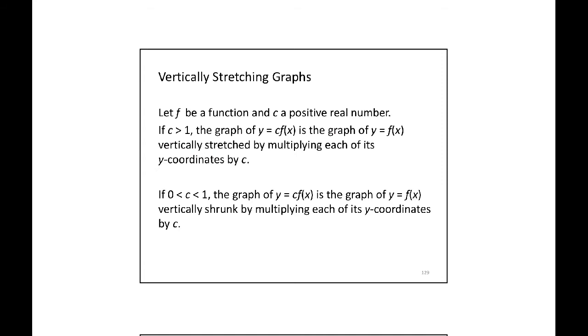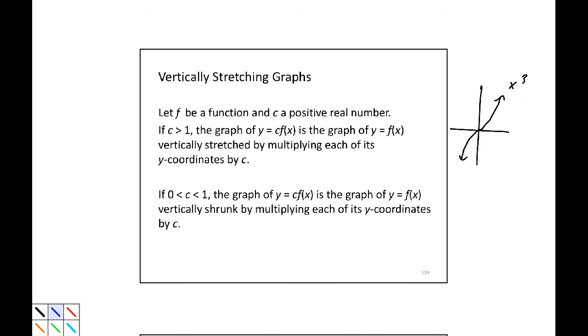What this looks like when we're looking at a graph is if we have something like this. I'm going to draw something like x cubed. When I multiply each of my y values, if you notice, f of x represents our y values, our outputs. If we're multiplying those values by something that is larger than 1, then I get a value that is larger than the original. The value grows.